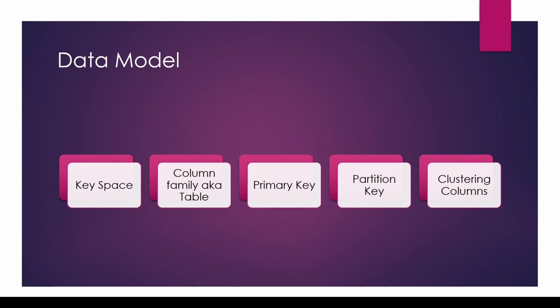The last thing that we need to understand is clustering columns. Clustering columns in Cassandra are used to sort the data within a partition. In relational databases, we can apply the sorting on any random column as long as we don't face the problems of indexing.